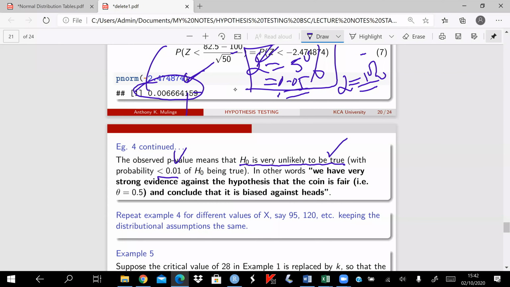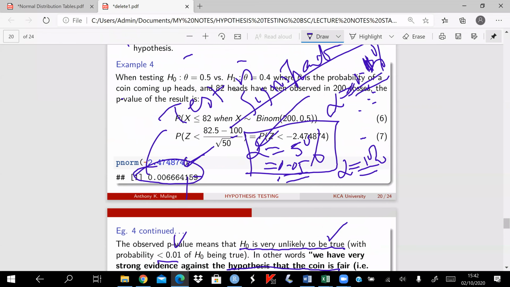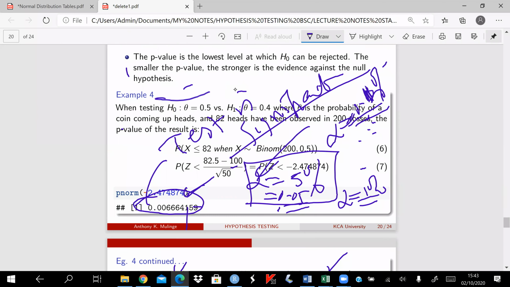In other words, we have very strong evidence against the null hypothesis. And this hypothesis here claims that the coin is fair. This means it's a fair coin.